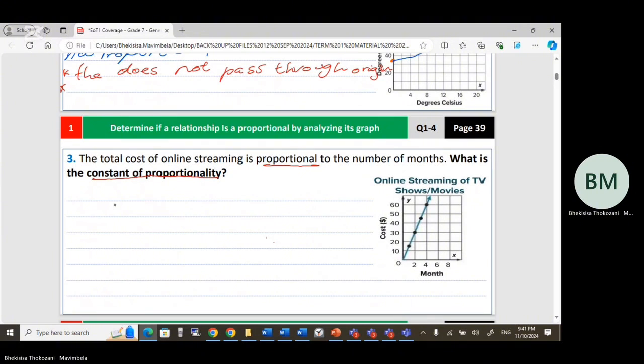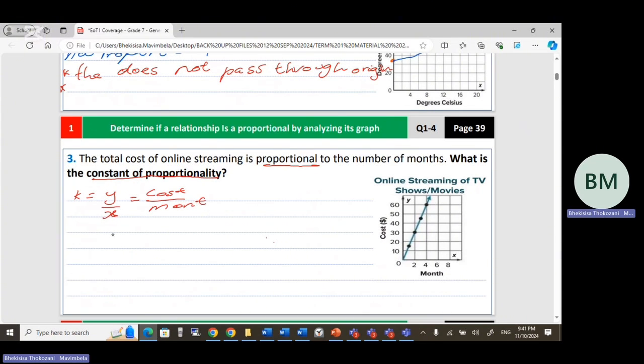So we can use the formula here to find K. You remember this formula, K equals Y over X. Just so you remember, here we are comparing the cost and months. So the cost is your Y, so it's going to be cost over the month.